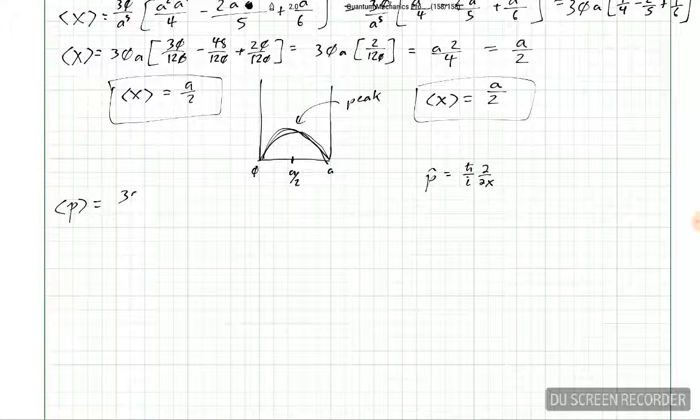So what I have is my a squared out in front, and then we're integrating over x, and then I'm going to have my psi at t equals 0, because we're only getting the expectation value at t equals 0. I have h bar over i, and then I have del x acting on this guy.